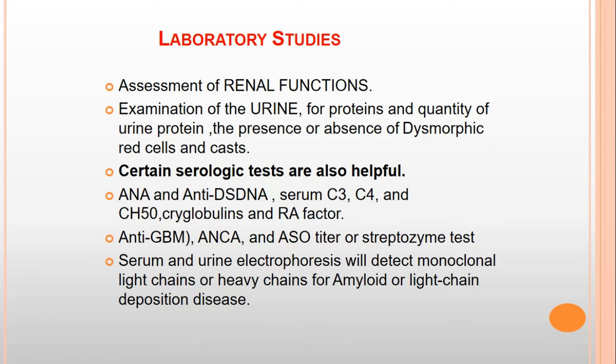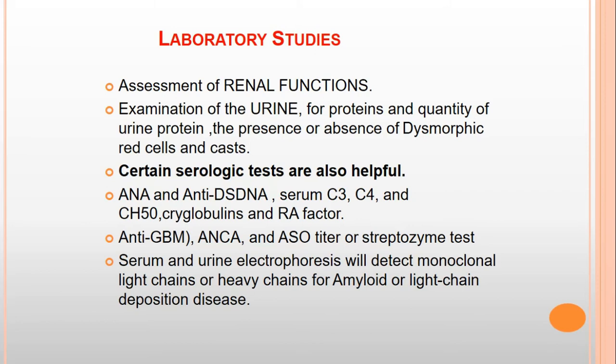Also, microscopic examination shows the presence or absence of dysmorphic red blood cells and casts. If present in the microscopy, dysmorphic cells and casts indicate glomerular injury.